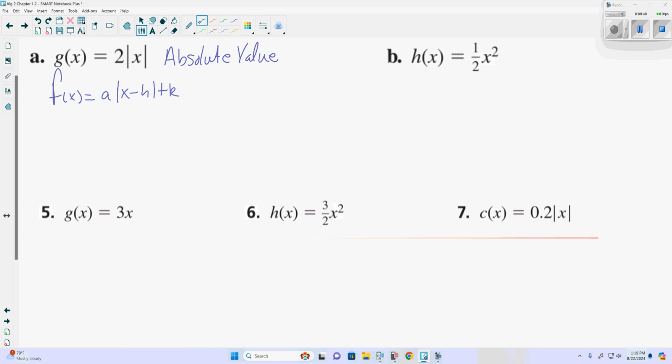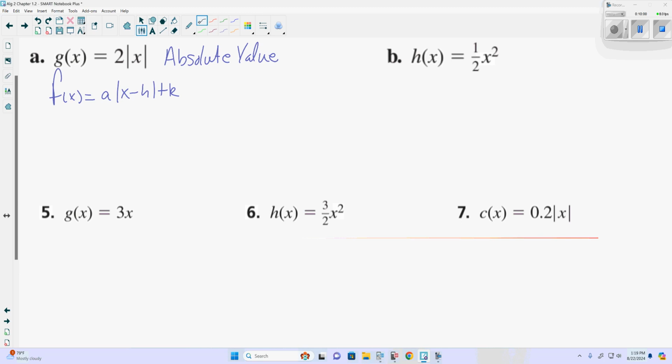Put the general form of the equation: A times the absolute value of x minus h, plus k. Do we have an h or k value? No, it didn't list it, so that means it's not moving left, right, or up, down.